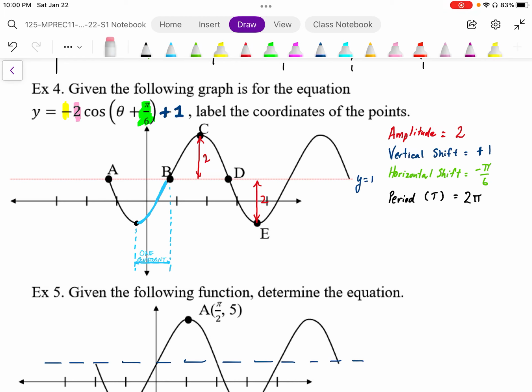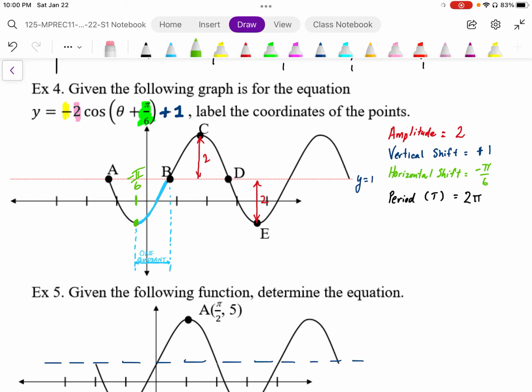And so this coordinate, this one I'm marking in green here, must relate to the horizontal shift. So that point there must be at negative pi over 6, because that represents the start position of an upside down cosine graph. And that's upside down because of that negative that we have here.